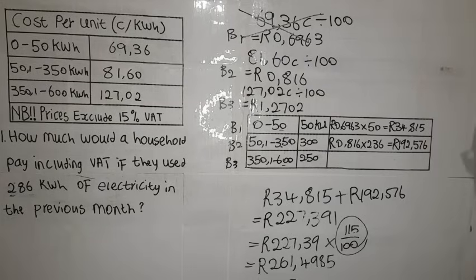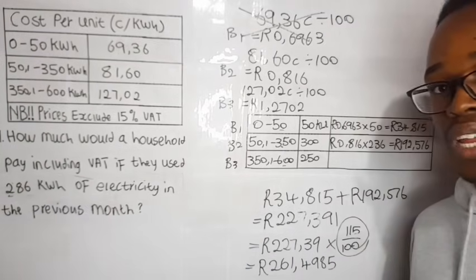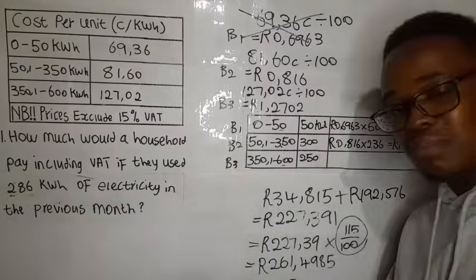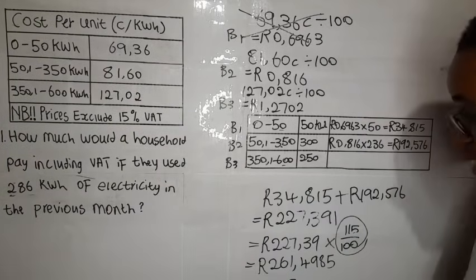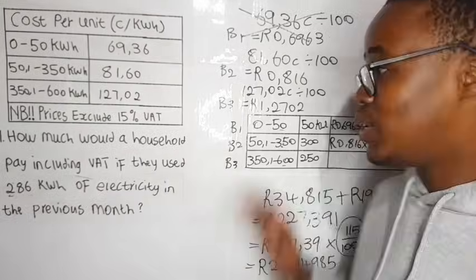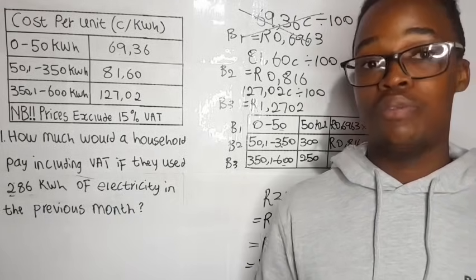So this is the amount that they're going to charge the household for using 286 kilowatts of electricity with 15% VAT included in it. So yes, this is how we calculate it. And now I'm just going to clear the board, and then next we are doing water tariffs.